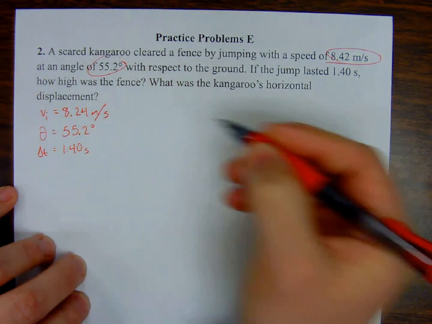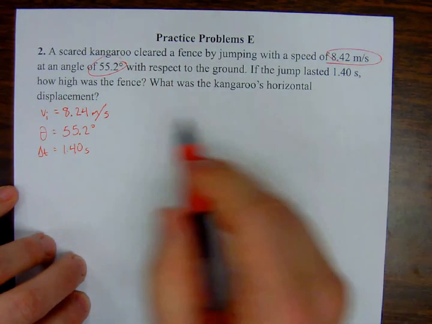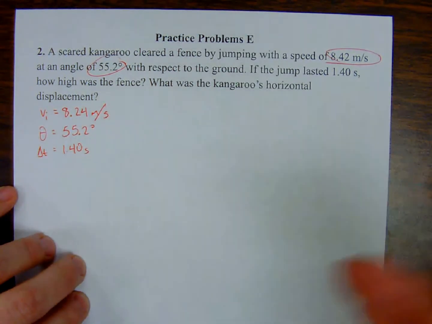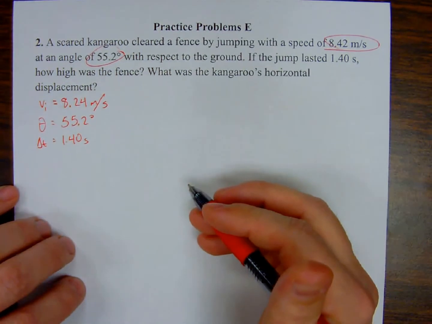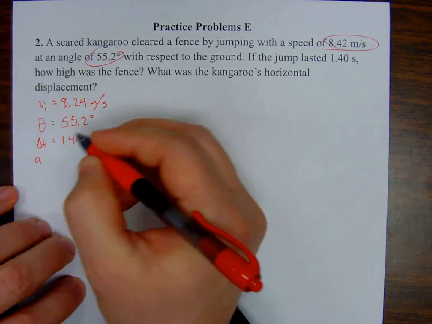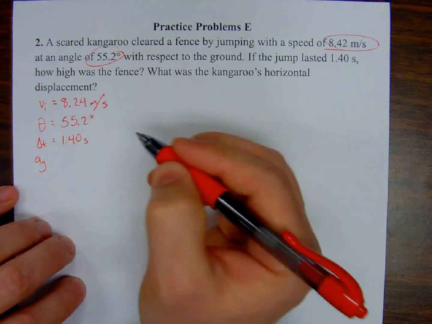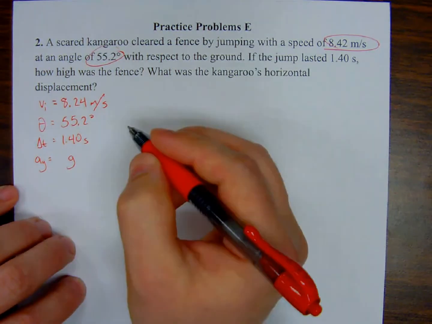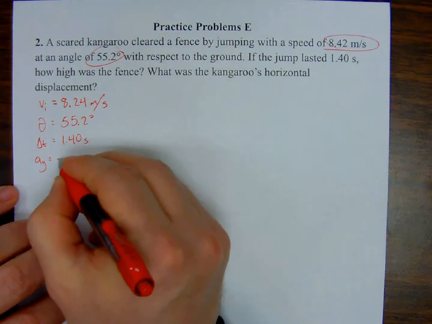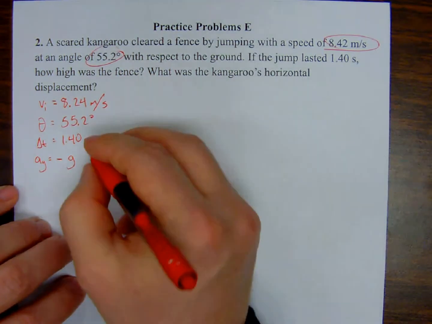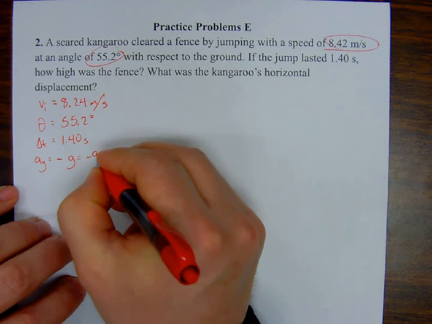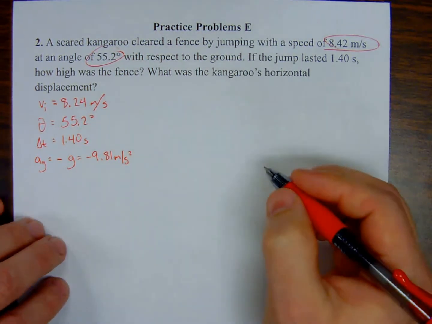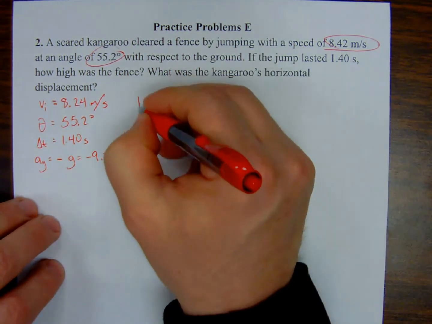And we're talking about the y component, so we will be using an acceleration in the y direction. Acceleration in the y direction is going to be completely due to gravity, but it's going down, so we have to represent that with a negative sign. So negative 9.81 meters per second squared.